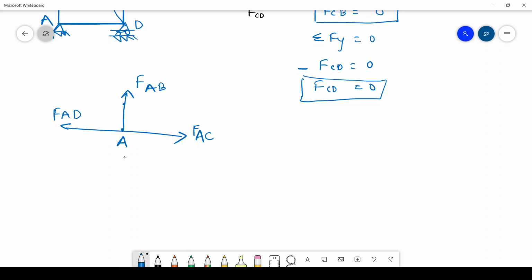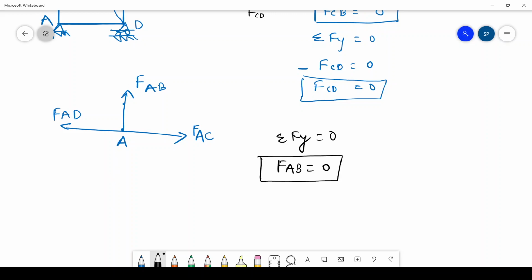There is no external load acting at joint A. If I apply summation Fy equal to 0 to the joint, I get FAB equal to 0. FAB equal to 0 means the member AB is carrying zero force. So if there is no external load acting at this joint, the member along the y direction is carrying zero force. This is another typical joint observing which you can identify a zero force member.